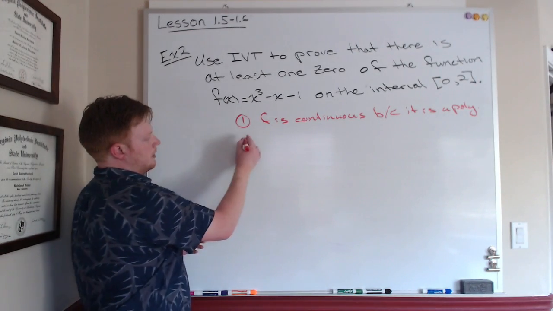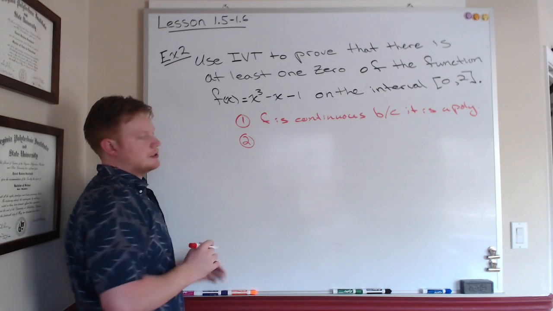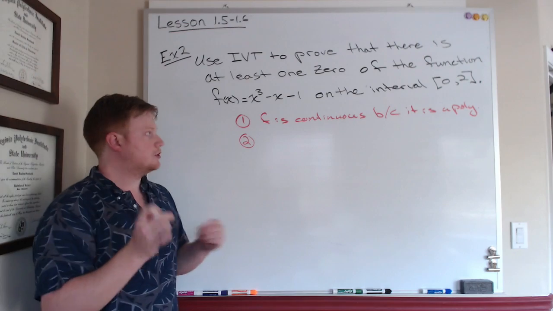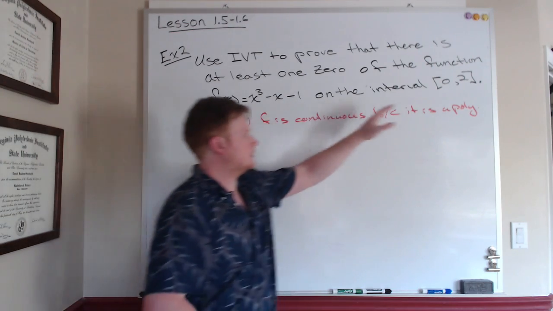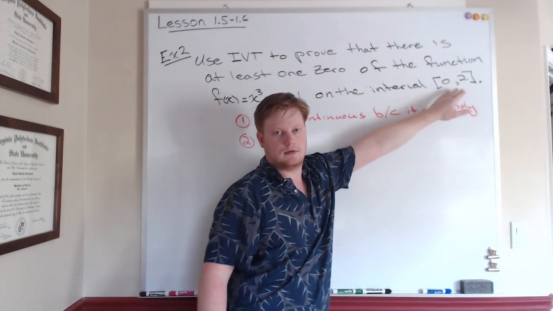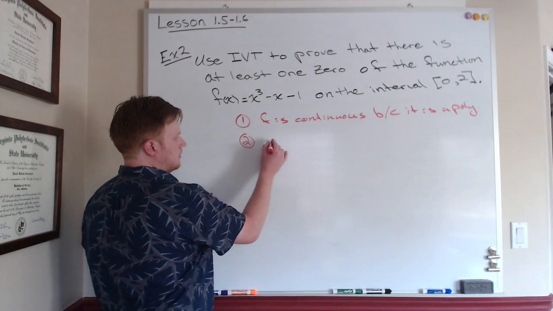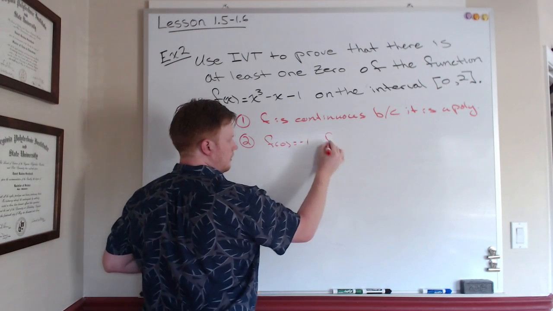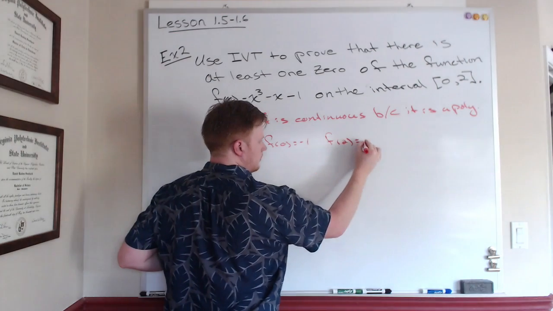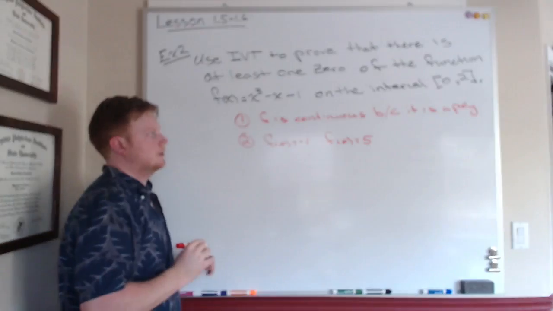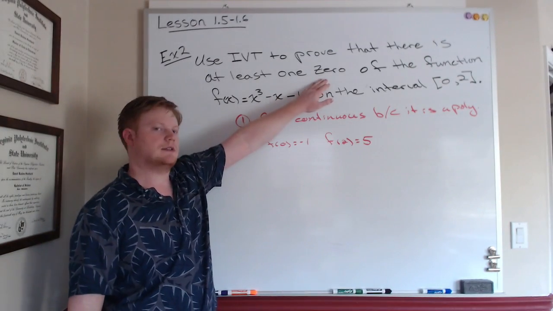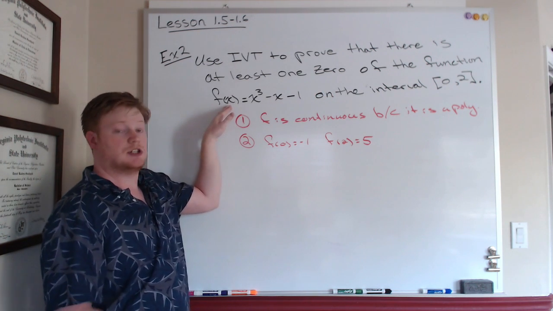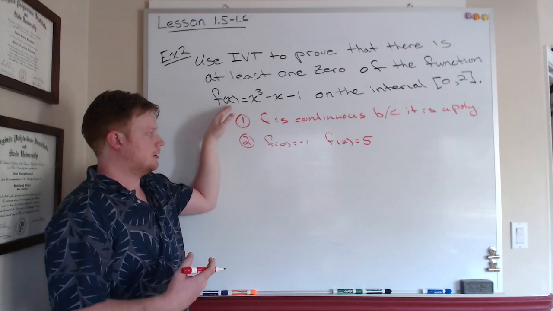The second hypothesis was that the point I was interested in along the range was between the endpoints of the range of my interval. So f of 0 is -1 and f of 2 is 5. Well, for a function to have a 0, it means that at some point the function actually equals 0.